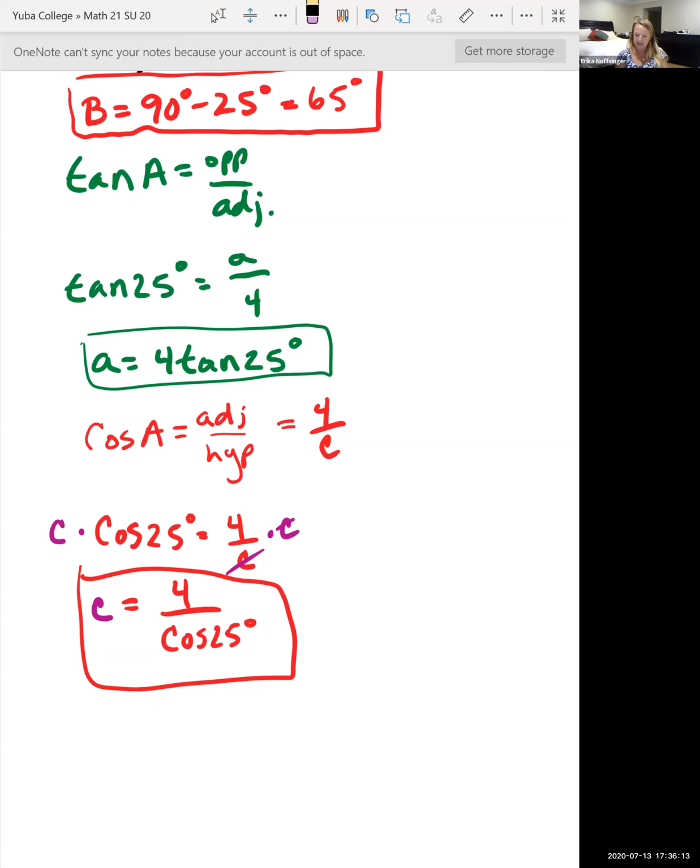So if I was looking at the first one, tangent of 25 is approximately 1.87.